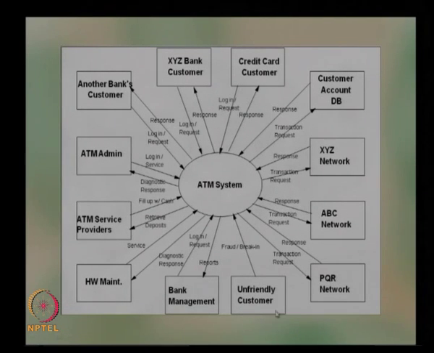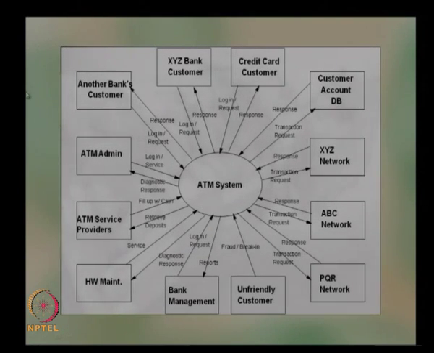Then there will be unfriendly customers, basically who are trying to attempt to take money without any authority, or there will be some theft and other situations, and there will be bank management interacting with the system to find out the transactions and to see whether there is enough cash or other things. There will be hardware maintenance also, which will be maintaining the system, and whenever there is a problem they will be attending along with the service providers.